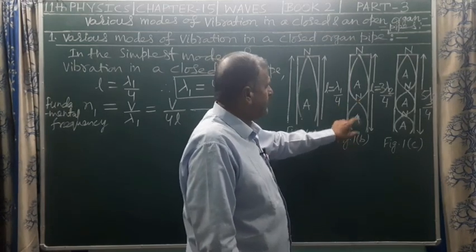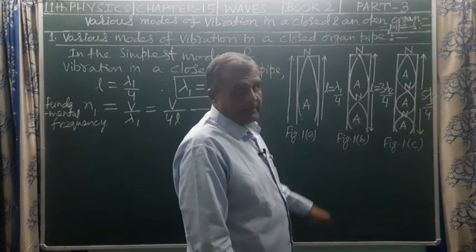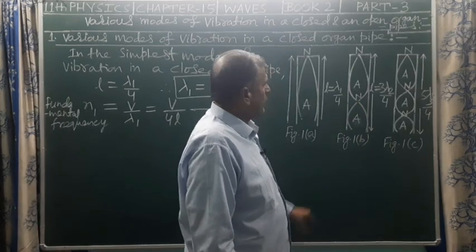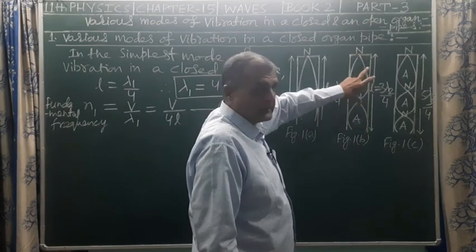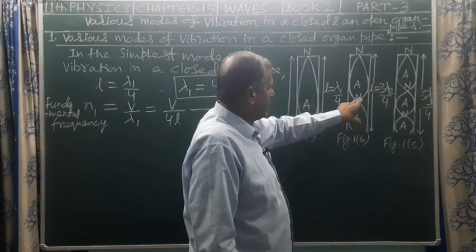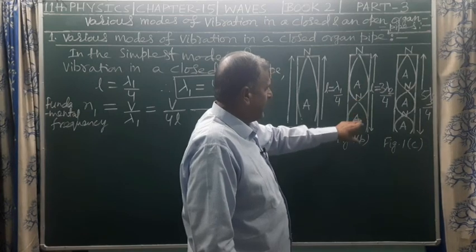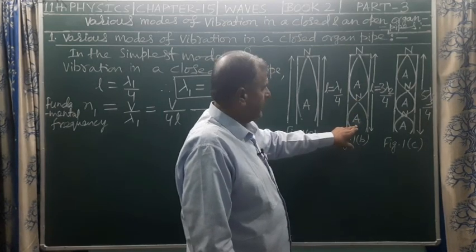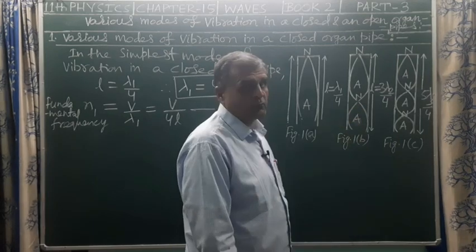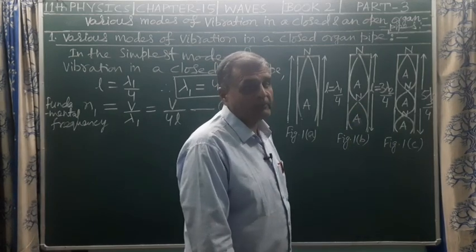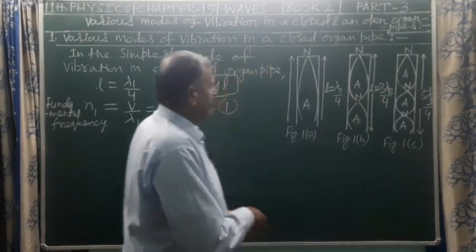The first node is formed at the fixed, that is closed, end of the pipe. So the distance between the node in the middle and the antinode at the open end is again lambda 2 by 4. So the total length of the tube is 2 lambda 2 by 4 plus lambda 2 by 4, that is 3 lambda 2 by 4.